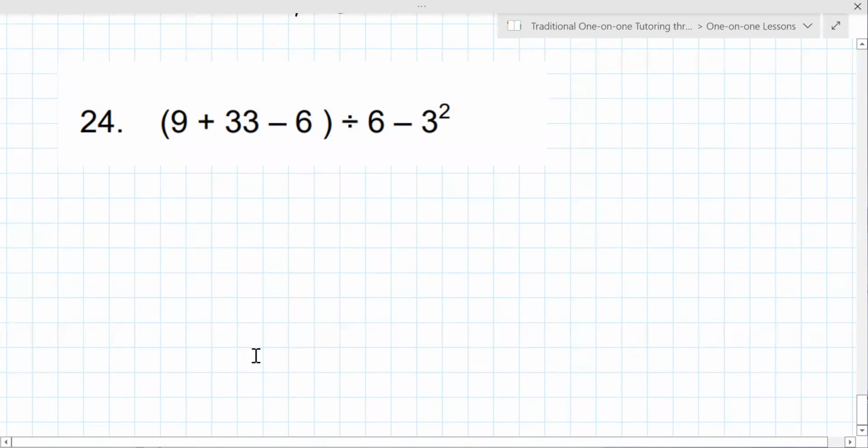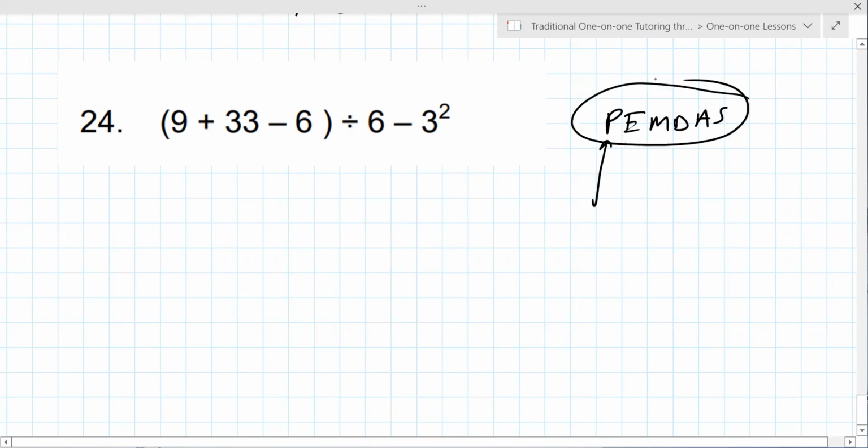What do you do first in this one? You're going to do the things in parentheses. Yes, parentheses no matter what comes first. If you're not writing this down every time at the top of your worksheet, please start doing that. It's like when your parents say you need to clean your room before anything else: parentheses, parentheses, parentheses.